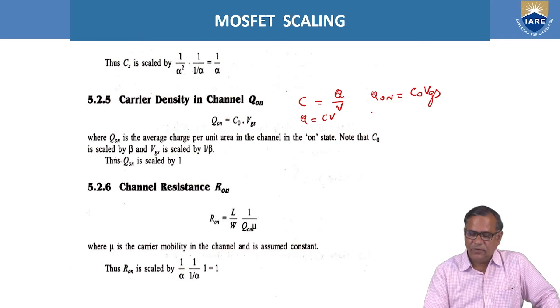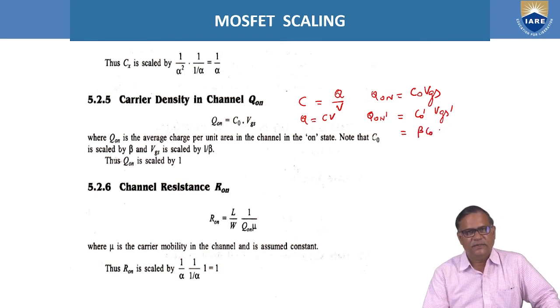Because of scaling, Q on becomes Q on dash, C naught becomes C naught dash and VGS becomes VGS dash. What is C naught dash? It is the unit area gate capacitance and that is increased by a factor beta. And VGS dash is the new gate to source voltage, and I told you that all the gate to source voltages and drain to source voltages are scaled with a factor 1 by beta.